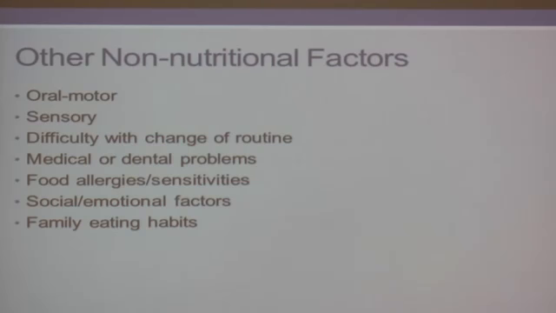So some kids might have oral motor difficulties, sensory issues where just anything around the mouth is uncomfortable. A lot of times these kids might also have difficulty brushing their teeth. Difficulty with change of routine can be a challenge, or medical or dental problems.